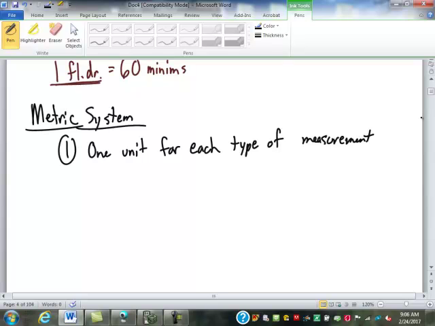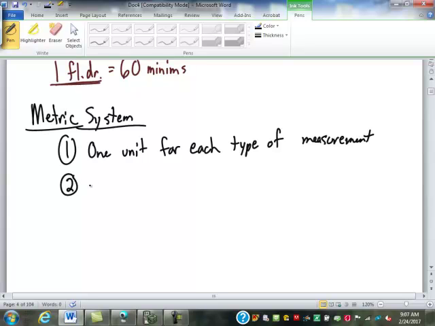In the metric system, the only unit of length is the meter. For weight or mass, in the standard system we have pounds, ounces, drams. In the metric system, they have grams for mass. In the standard system, we had gallons and quarts and pints for measuring capacity. In the metric system, there's liters, period. Only one unit for each type of measurement.